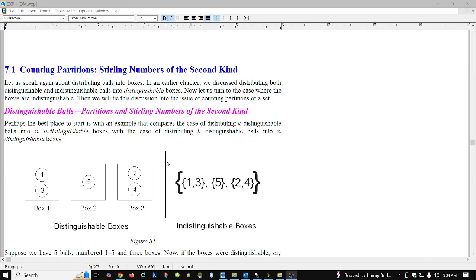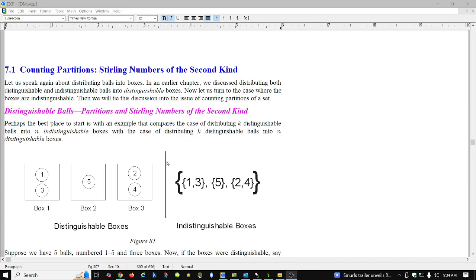Neither do the contents of the boxes matter as far as distinguishing the boxes. If you have two boxes, one has, say, ball number 1, the other has ball number 2, it's certainly true that the boxes are distinguished by their contents. But again, that's something you have to set out of your mind. That's not distinguishability of the boxes. It's distinguishability of the contents.